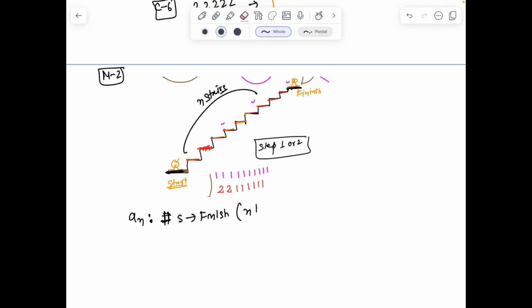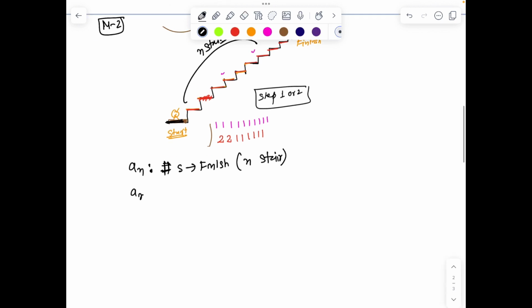So this is how I am defining an. Similarly, if I ask you what is an minus 1, it's the number of ways in which Golu can go from a starting to finishing point provided there are n minus 1 stairs. This directly follows from the first definition of an.